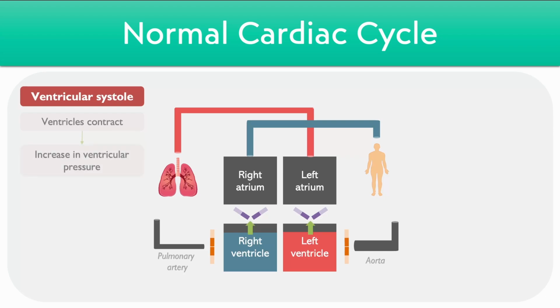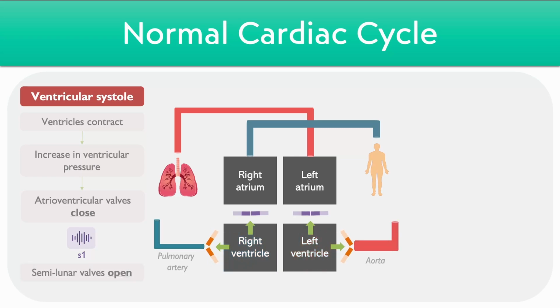As a consequence of this increased pressure, the atrioventricular valves, the mitral and the tricuspid valves, are forced closed, and this results in the first heart sound being formed. As the pressure in the ventricles continues to increase, this forces the semi-lunar valves to open, and the blood is ejected into the pulmonary artery and aorta respectively. This marks the ejection phase of ventricular systole.